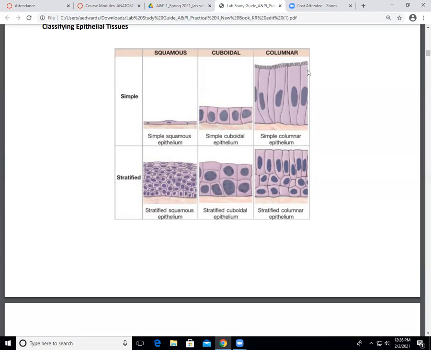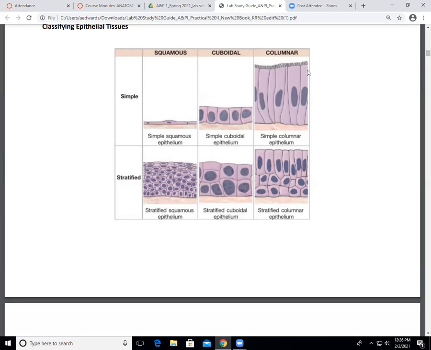Okay. Also have cuboidal cells, square shaped. And if they have 1 layer, it's simple cuboidal. Multiple layers, it's stratified cuboidal. Okay. We also have columnar or rectangular shaped cells. We have 1 layer, simple columnar.